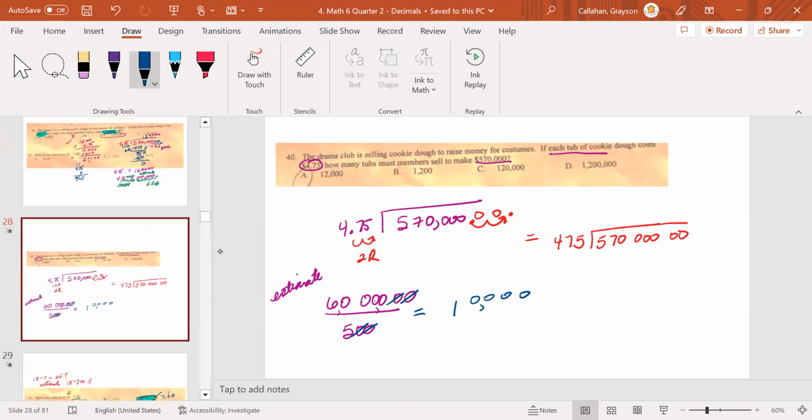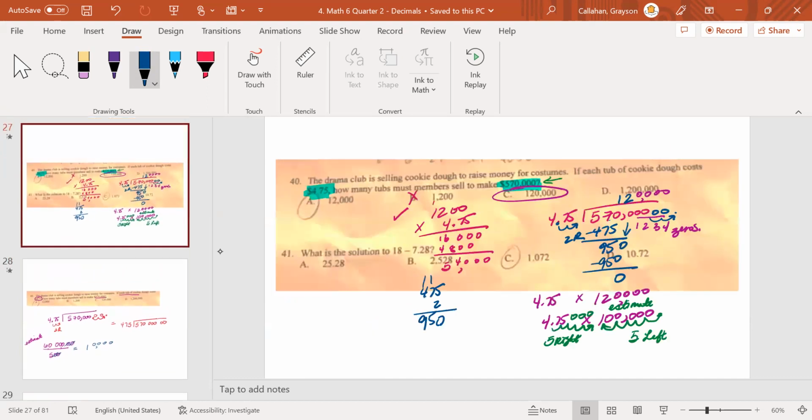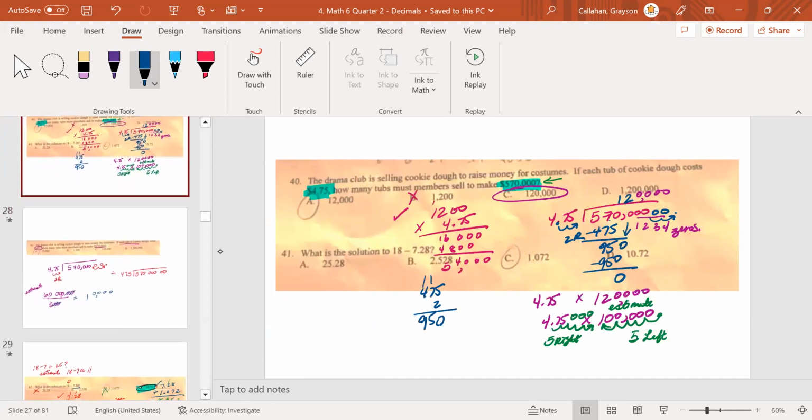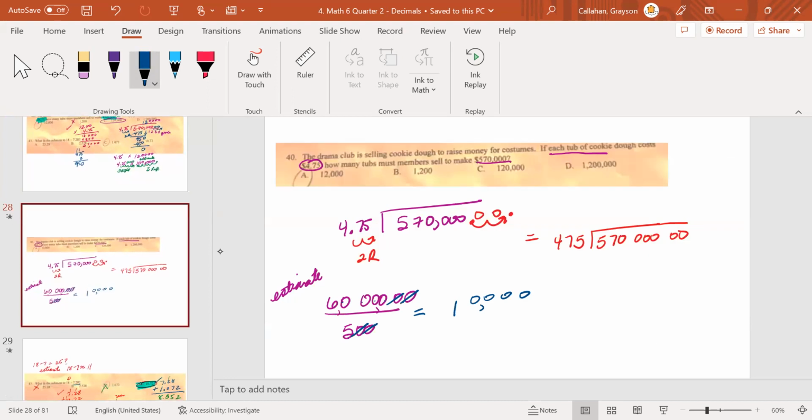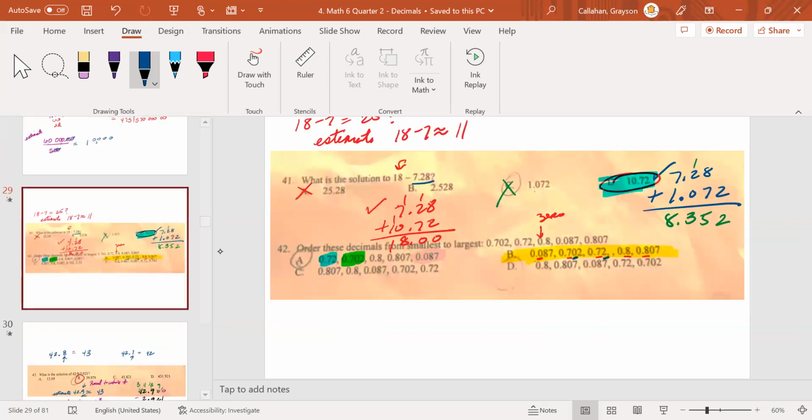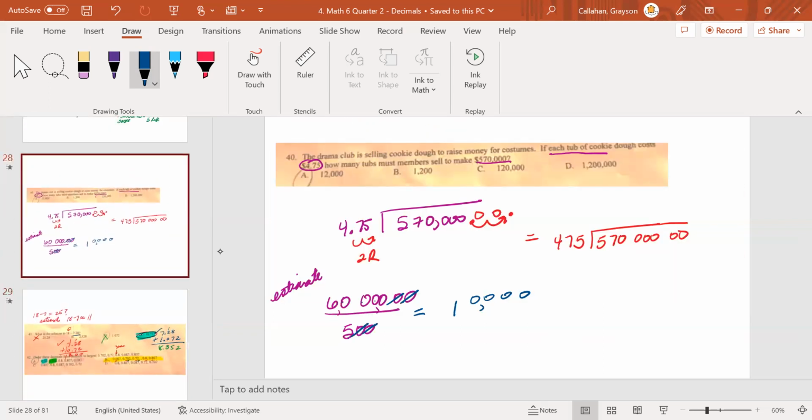So a number that looks very close to that would be what? A, but I don't know if that's actually correct. I just want to make sure I'm doing this correctly. Hold on. I changed my answer to B. Hold on.